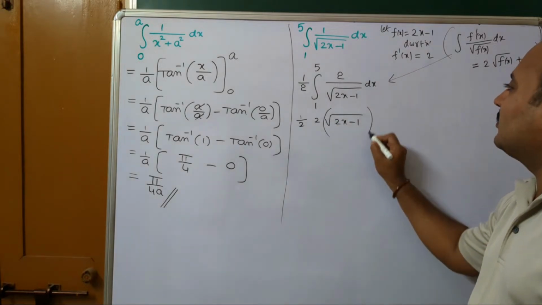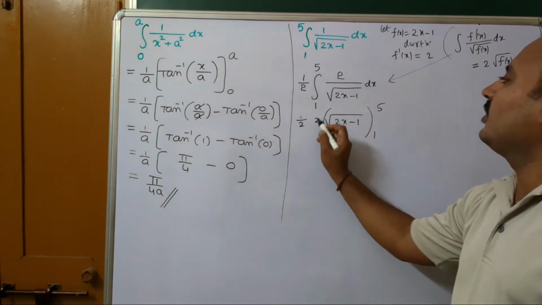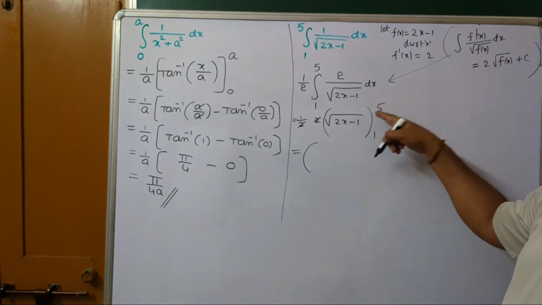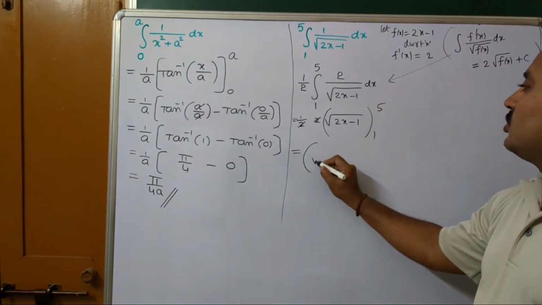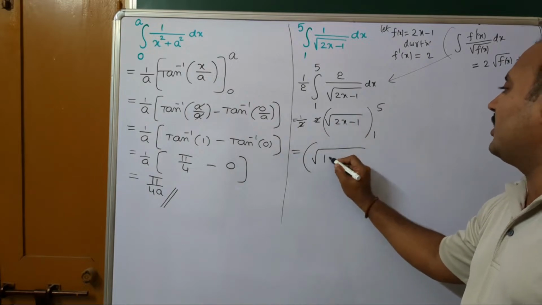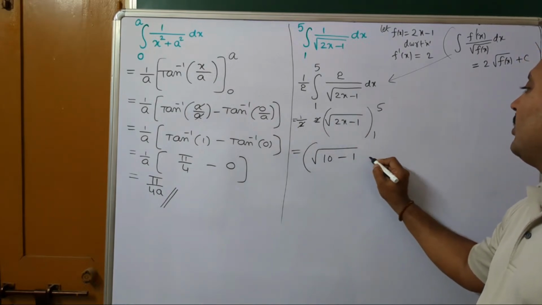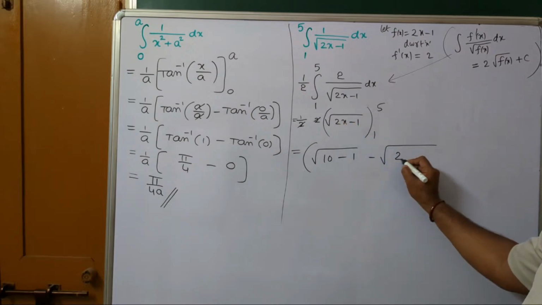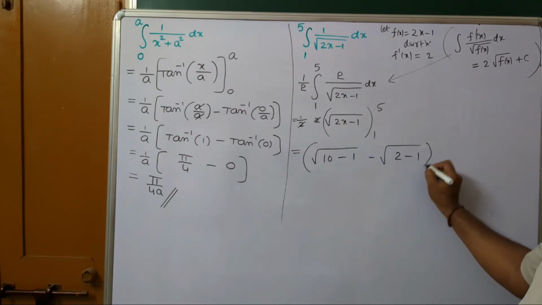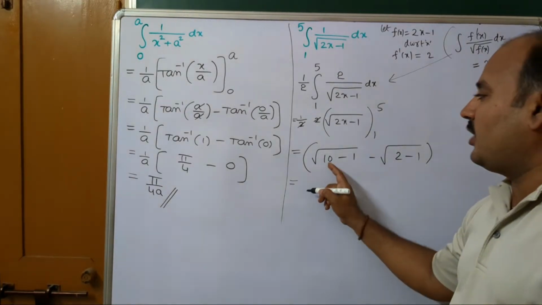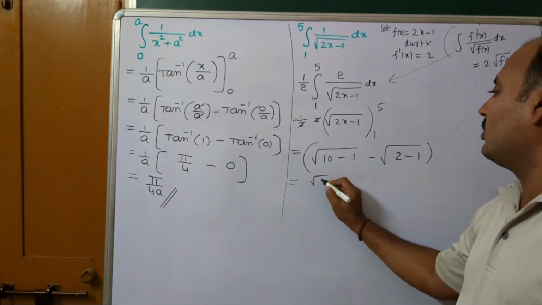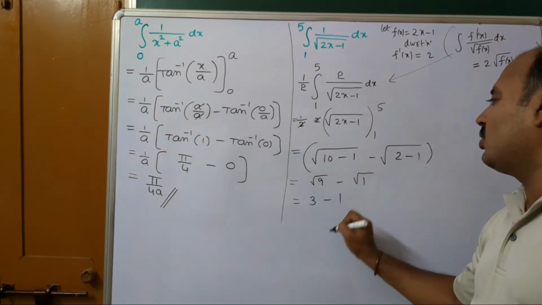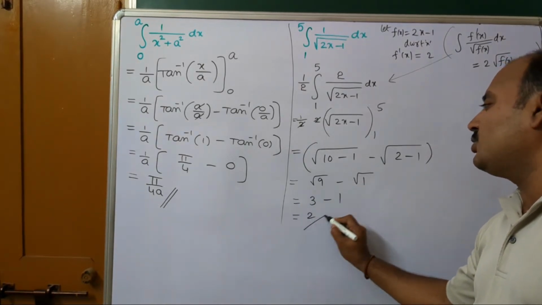Applying the limits 1 to 5, the 2 gets cancelled. First in place of x the upper limit: square root of 2 into 5, 10 minus 1, minus square root of x equal to 1, substituting 2 minus 1. So that is 10 minus 1, 9, root 9 minus root 1. That is equal to 3 minus 1, which is 2.